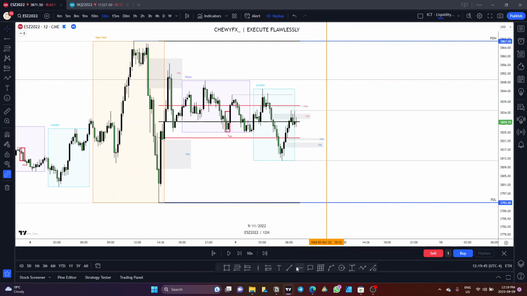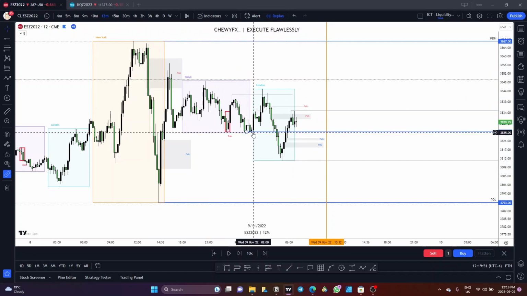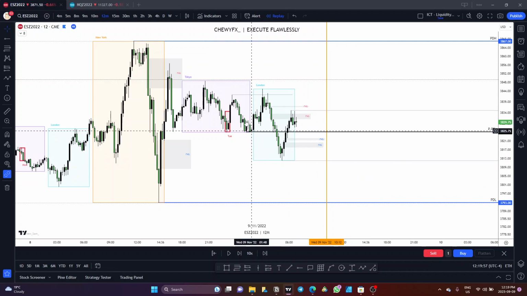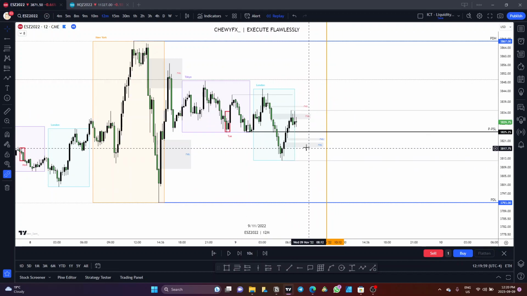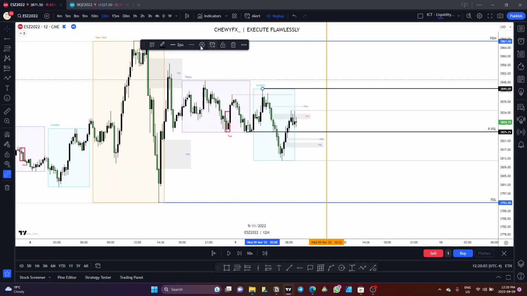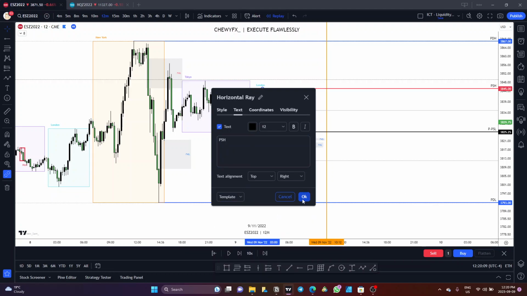However, something I'd be looking for right now personally is to see how it reacts off of this premium array. If it reacts well off of that premium array, then we can catch it for a short after a 10-minute break of structure. Or we could sweep this session high here, and then reject off of it towards the previous day low. That's something we can look for as well.